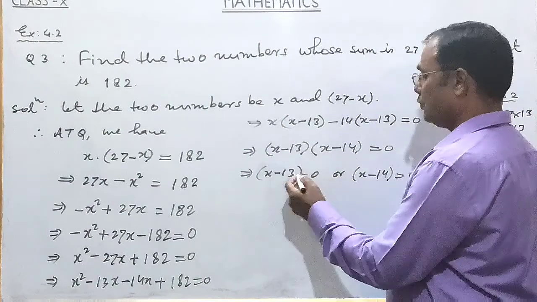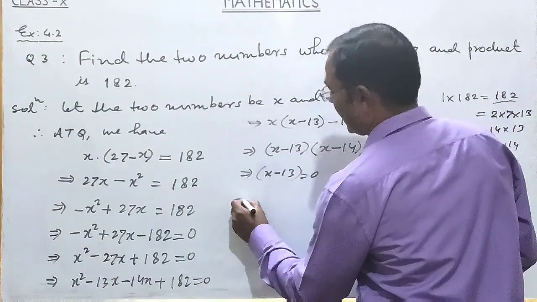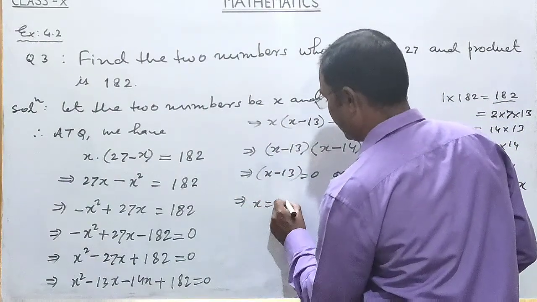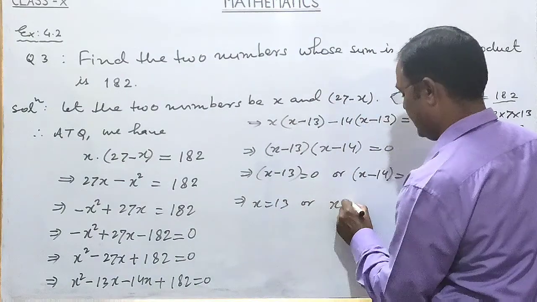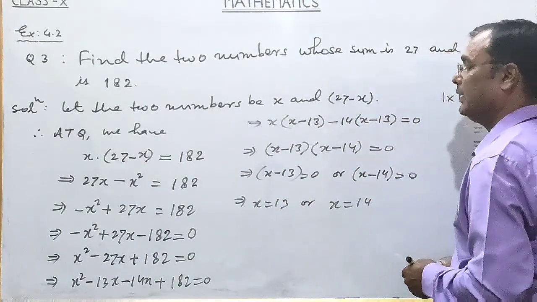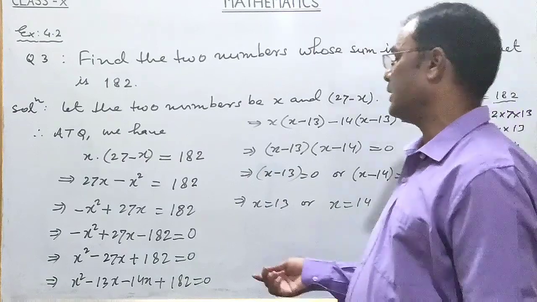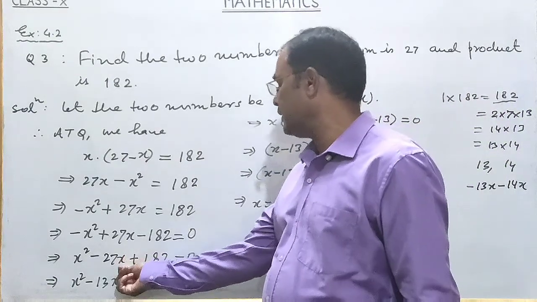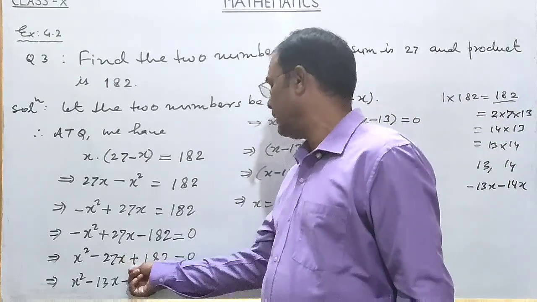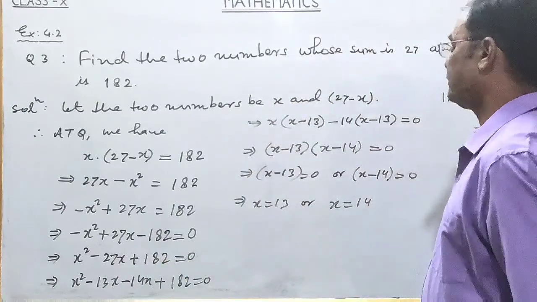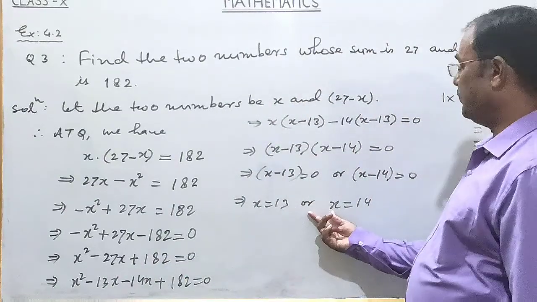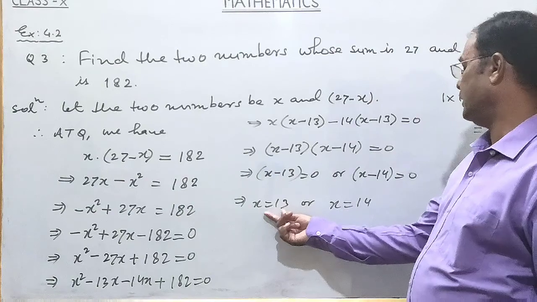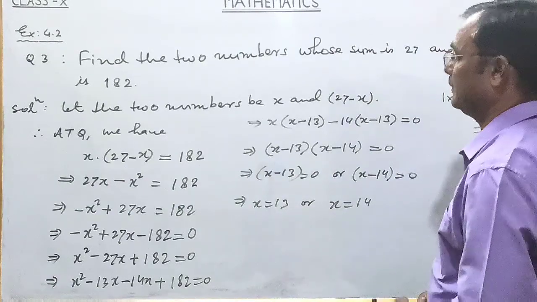Now solving these two linear equations we will get x equal to 13 or x equal to 14. These are the two roots of this quadratic equation x square minus 27x plus 182 equal to 0. And we have got two values of x equal to 13, x equal to 14.